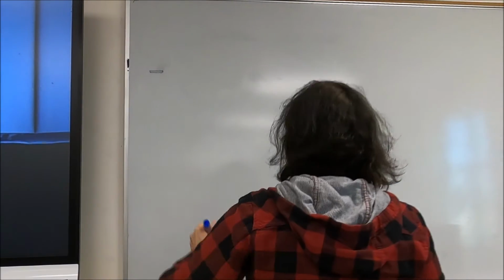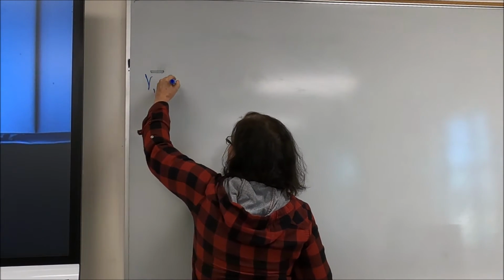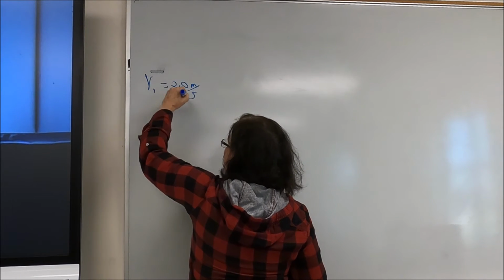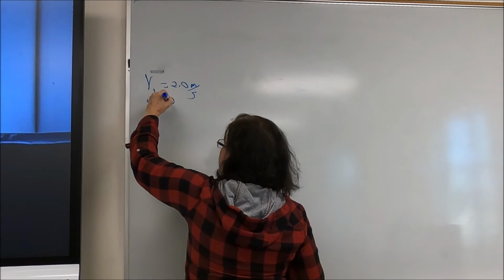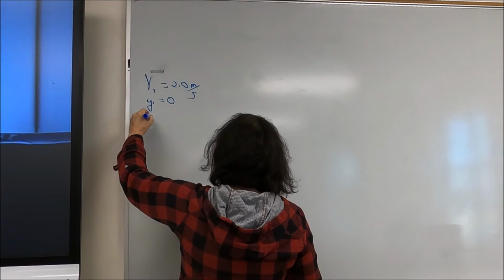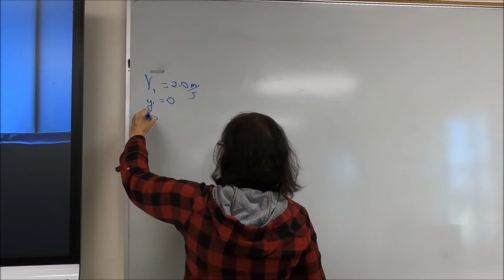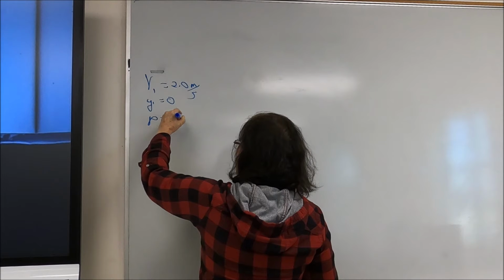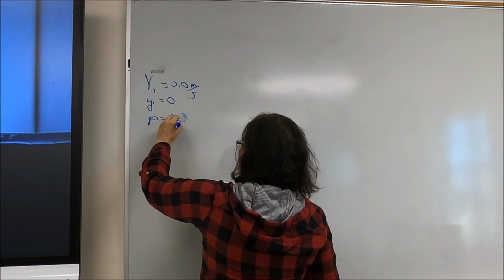So let's start working with this. So we've got a V1, 2 meters per second. Y1 is 0. And we are told that the pressure there is 200 kilopascals.